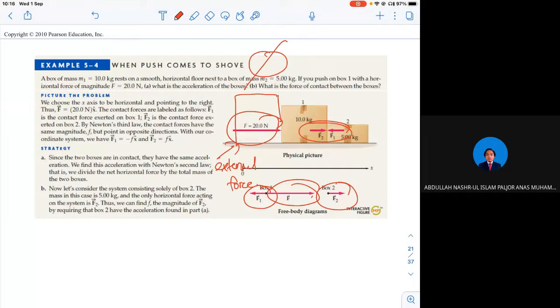F2 is the force given to box number 2, and F1 is the force given by box number 1, given to box number 1. So that is how the symbols of action, reaction work. You don't have to calculate both, just calculate one, either F2 or F1, and you can get both, because these are action-reaction forces.